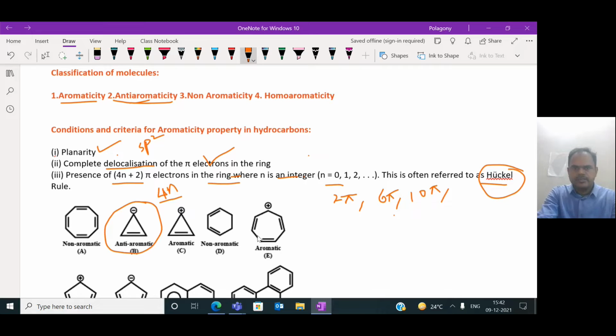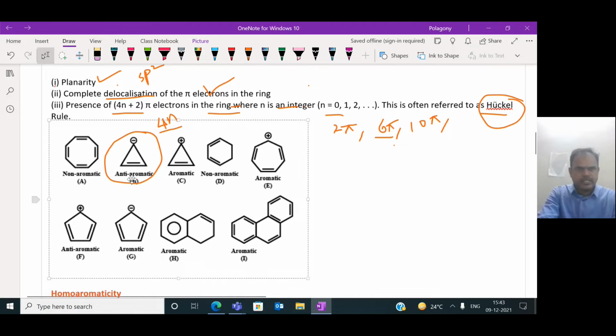And look at this molecule. This also has the aromatic condition, an alternate double bond is there, but here there is a carbon having the positive charge, and this molecule follows Huckel's rule and the 6 pi electron system. And another molecule you can see, an anti-aromatic molecule.